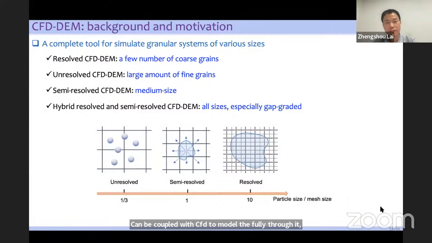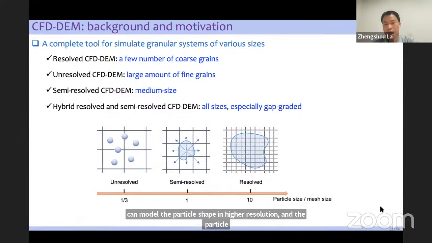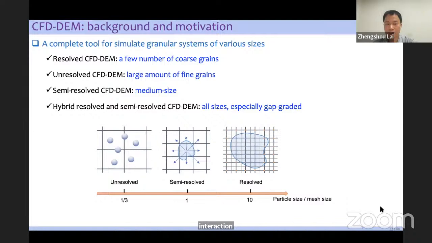So here is a little bit about the background. For CFD-DEM, we know we can have basically two types: the resolved CFD-DEM and also the unresolved CFD-DEM. For the resolved CFD-DEM, we can model the particle shape in high resolution, and the particle-fluid interaction force will be modeled in very high resolution.